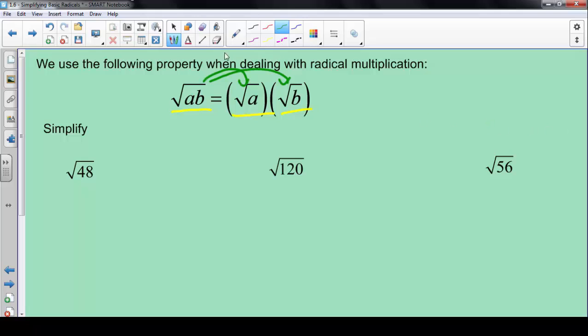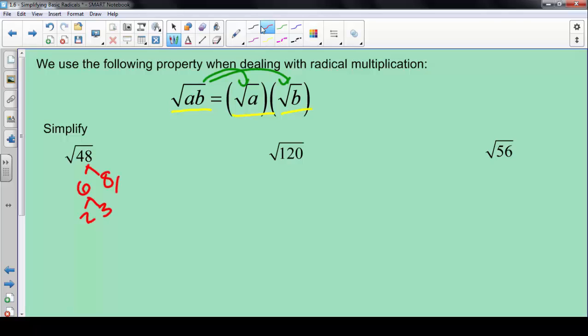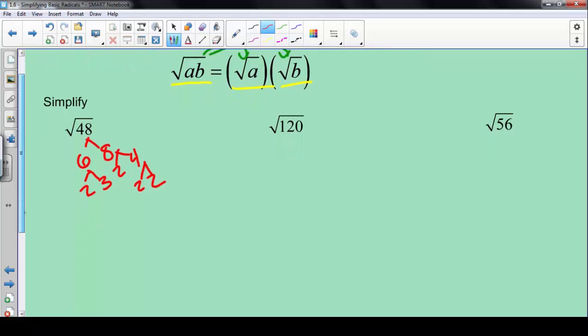We can break it up into different factors that multiply to that number. So for example, with root 48, it's going to be easier to simplify these down if we make our factor tree first. And remember from the last slide, we want things in squares.